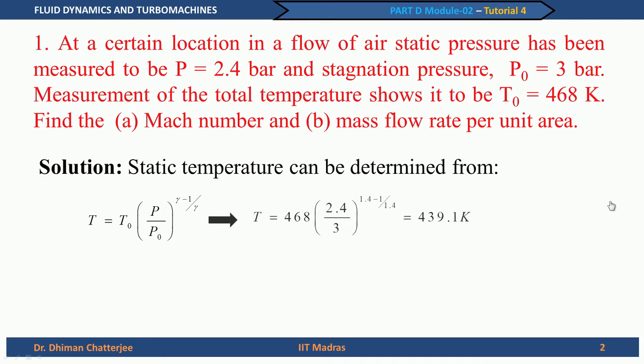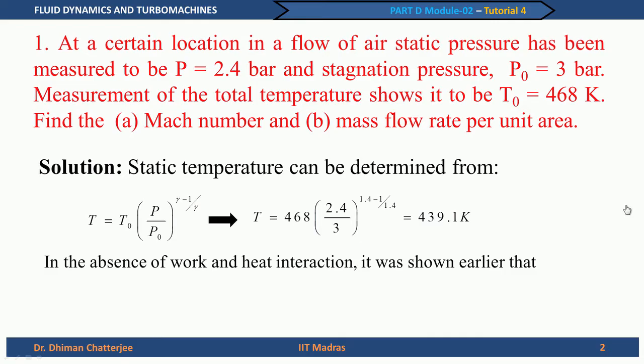And if we take it, then we can find out that the static temperature is stagnation temperature times P by P naught whole to the power gamma minus 1 by gamma, and that gives me the static temperature to be 439.1 Kelvin.